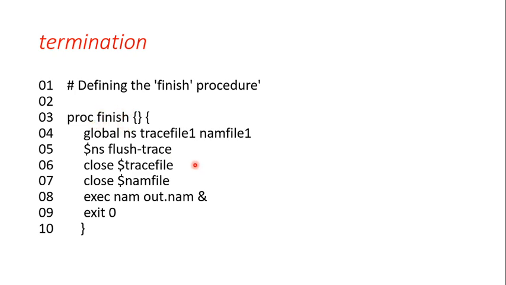Here we are using the global keyword, that is to say that the following variables, these pointer variables ns, trace file 1 and nam file 1, are not restricted to this procedure itself. They can be used anywhere, so we make these pointer variables global.